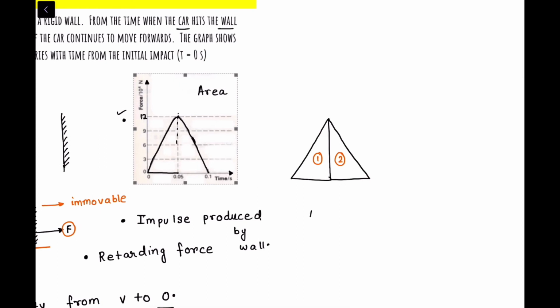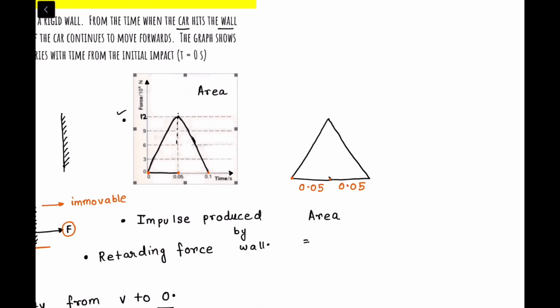So what will be the area from here? From the first 0 to 0.05, this will be the first base. So this will be 0.05. Second base is spanning from 0.05 to 0.1, so this will also be 0.05. And what is the height?